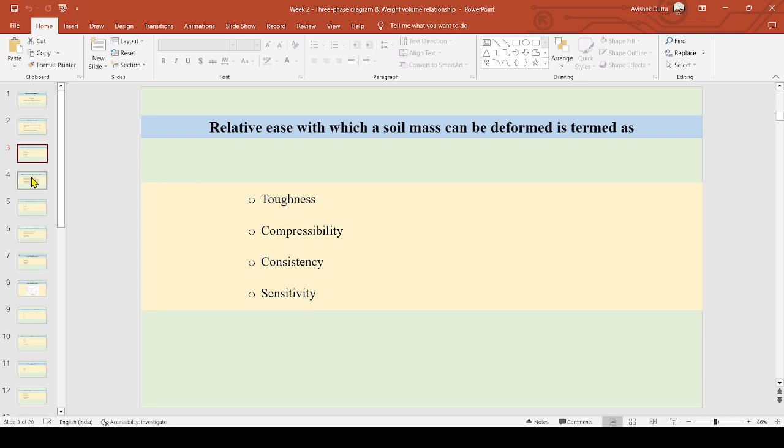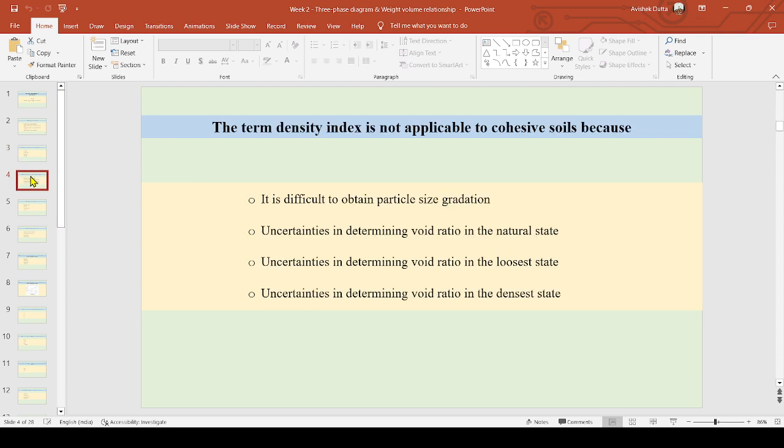Okay, next question. The term density index is not applicable to cohesive soils because. Your options are: option 1, it is difficult to obtain particle size gradation.